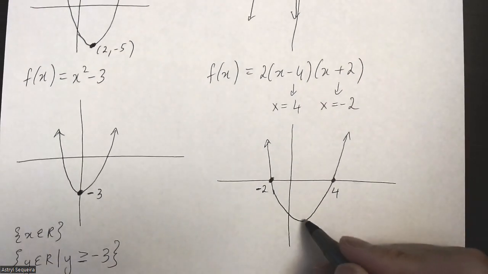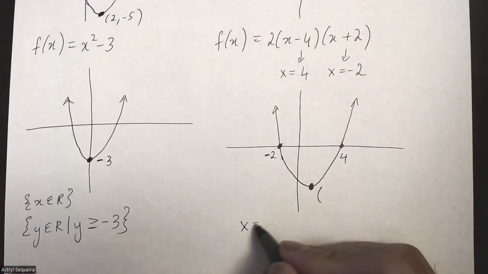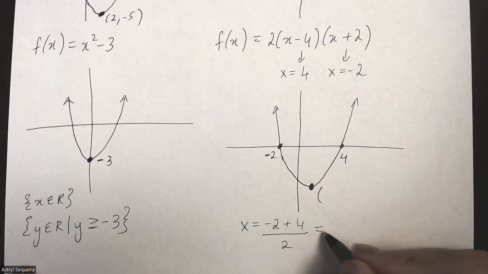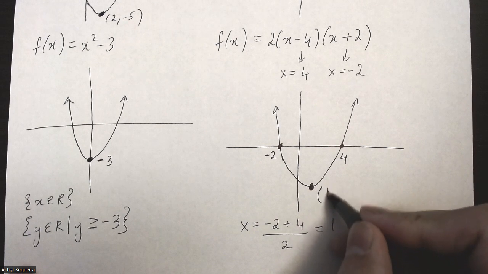Now I need to find the vertex. So I'm going to use my midpoint method to find my vertex. To find the midpoint, I'm going to add my two x-intercepts and divide by 2. If I do this calculation, I'll just get positive 2 divided by 2, which is positive 1.